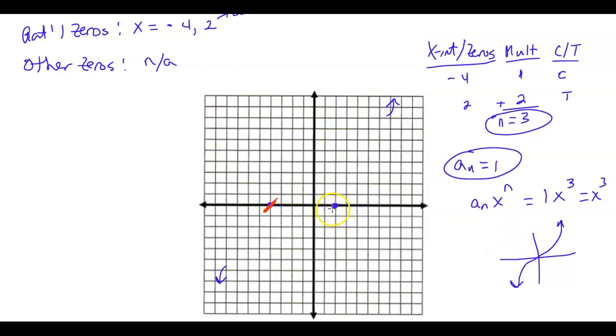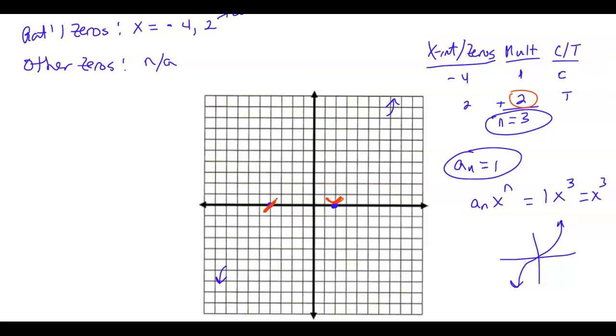Now, for this particular zero at x equals 2, we know that the graph has to somehow get from up here, find its way back down, and then go back up. And of course, the multiplicity being even supports that. So since the graph is above the x-axis before it gets to this particular x-intercept, the graph is going to have to bounce off of the x-axis like this.